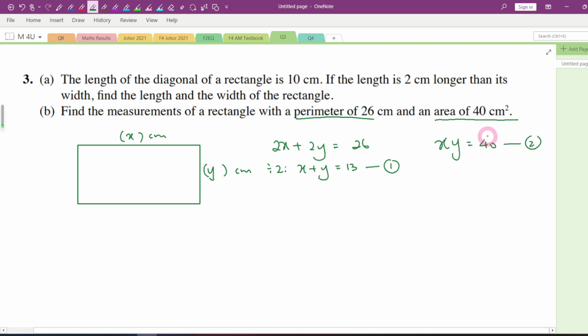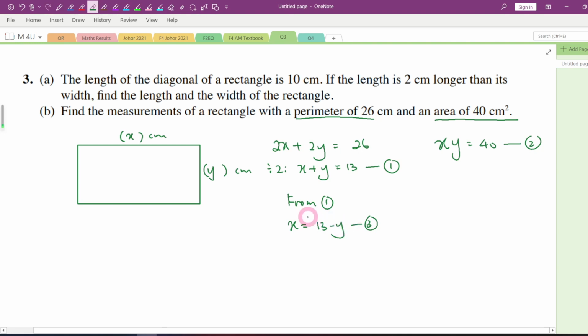So now what we need to do is try to change the two unknowns to become one unknown. You can change all to become y or all to become x. It's totally up to you. Okay, from the first equation, I know that x is equal to 13 minus y, right? Okay, I just let it be the third equation.